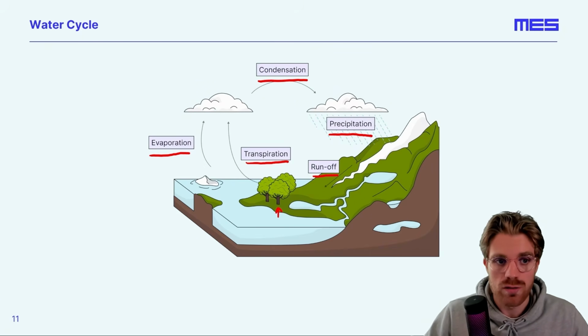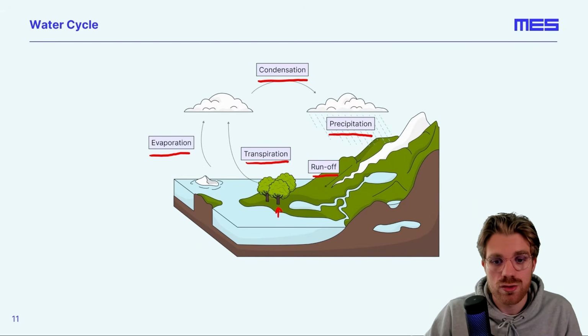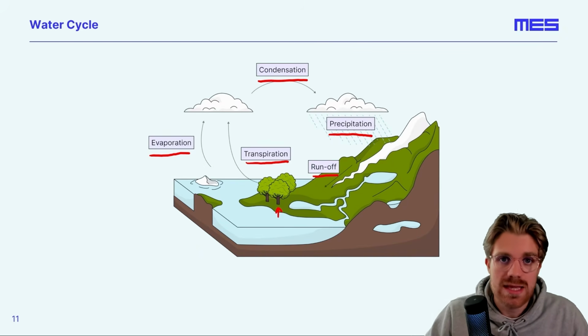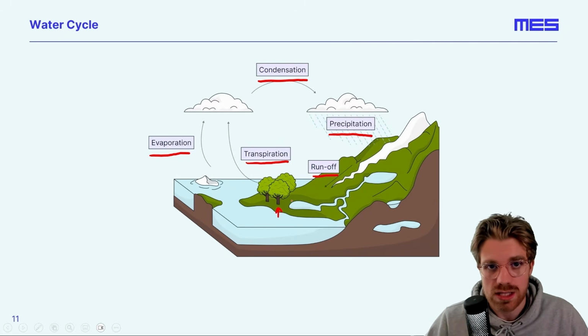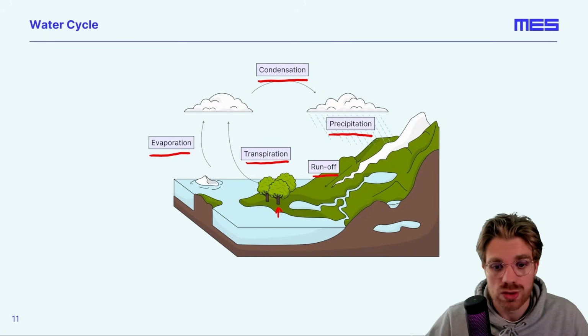This process of the water cycle is how the water is being recycled through the atmosphere. One of the key things that students forget is the role of transpiration as part of the water cycle. Don't forget the factors affecting transpiration and how this will then impact the rest of the water cycle as well.